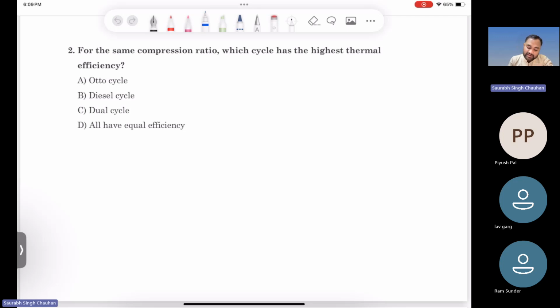But here it is given that compression ratio is same. For Otto cycle, it is only a function of compression ratio. For diesel cycle, there is one more quantity called cutoff ratio. And in dual cycle, there is one more quantity called pressure ratio, right? But here it is given that compression ratio is same, then efficiency for which cycle will be the maximum?